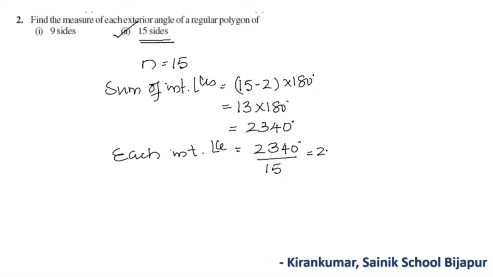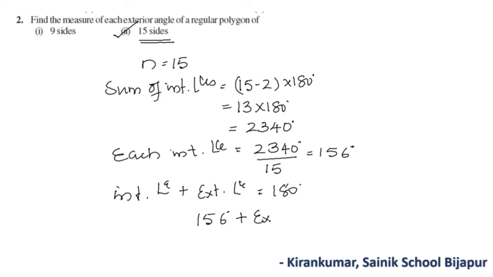We get 156 degrees. So we know that the interior angle plus the exterior angle form a linear pair. So 156 plus exterior angle is 180 degrees. So the exterior angle will be 180 minus 156, which will be 24 degrees.